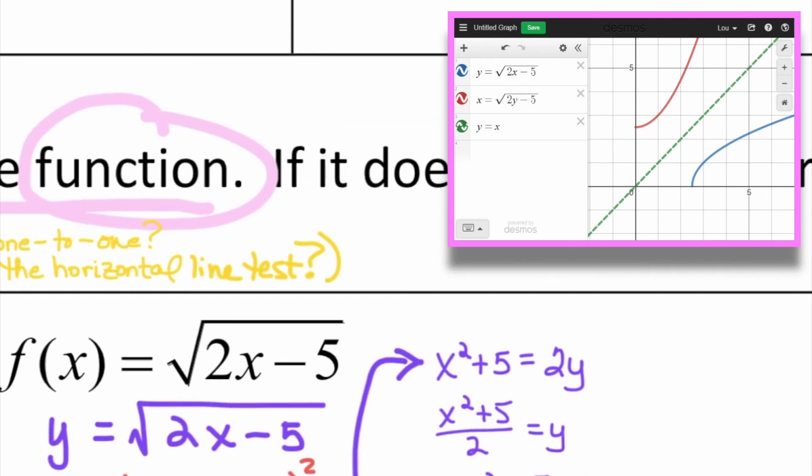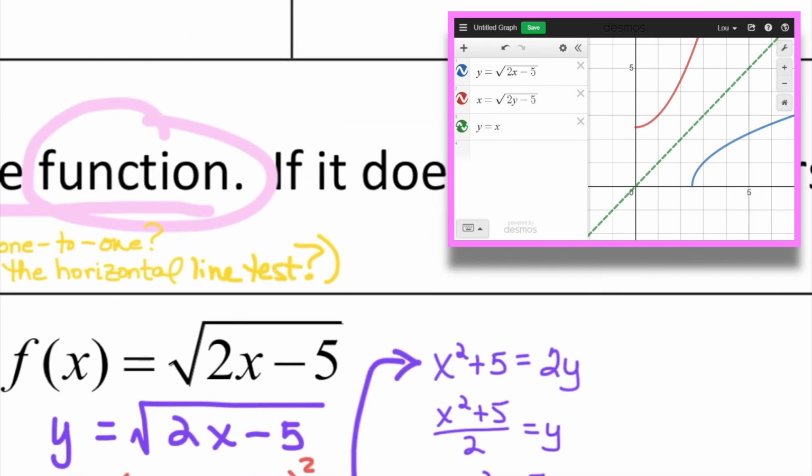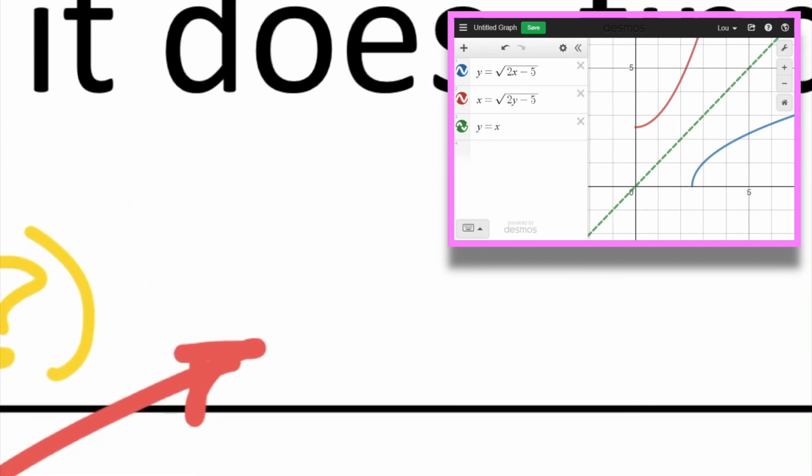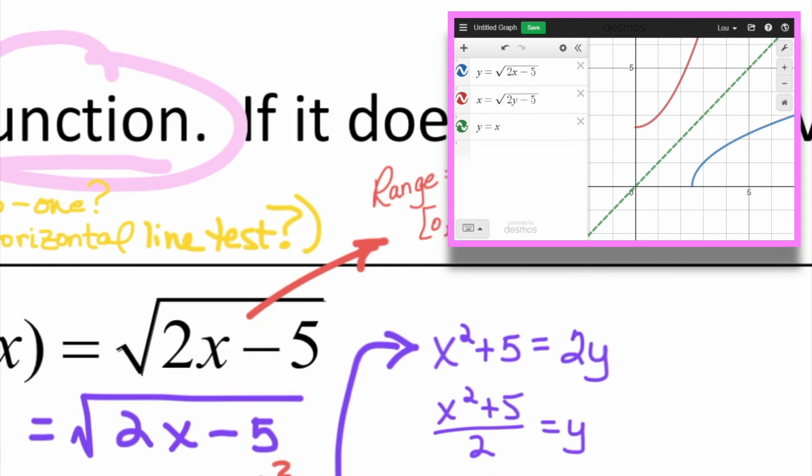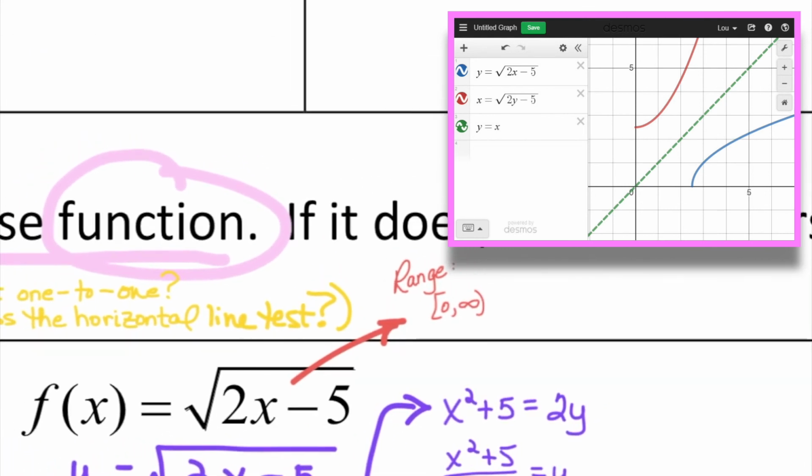But here's where you really need to consider the domain of the original function. When you look at the graph up in the corner of your screen, you'll see that the range of the original function becomes the domain of the inverse function. Here, the range of the original function is 0 to infinity.